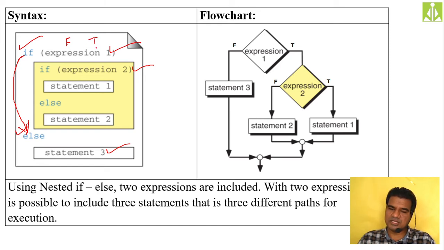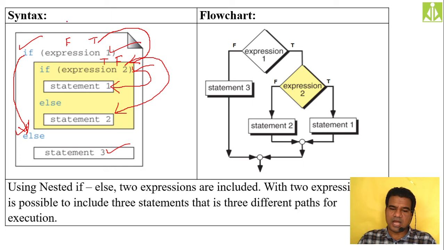If the expression 1 is true, the control will go to the true block. But inside true block we have another if. Okay, inside true block we have another if. So then the second condition will also be tested. If the second condition is also true, then statement 1 will be evaluated. And if the second condition is false, then statement 2 will be evaluated.